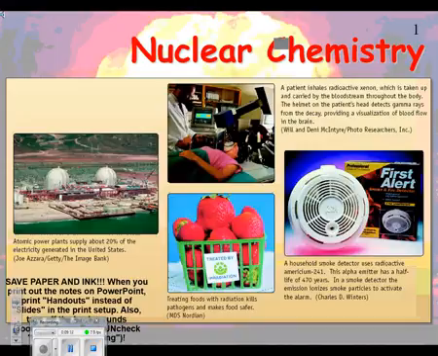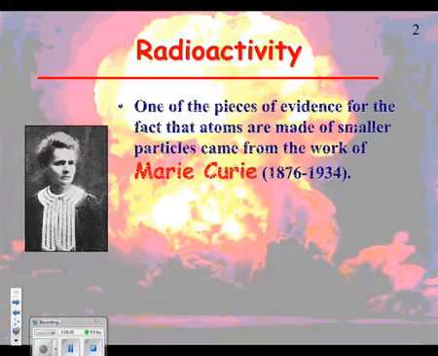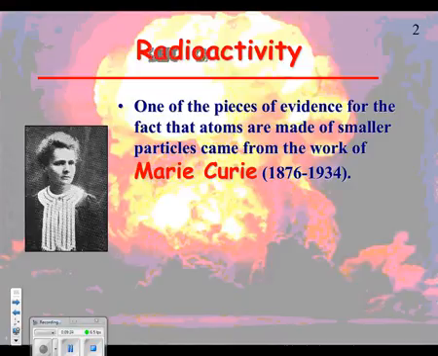Okay, so we go on, and the first person that talked about or found out about nuclear chemistry was Madame Curie, Marie Curie. She actually found that this wonderful rock that she had gave off magical properties.